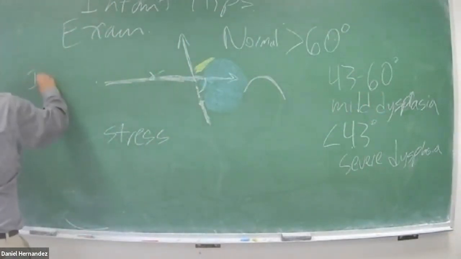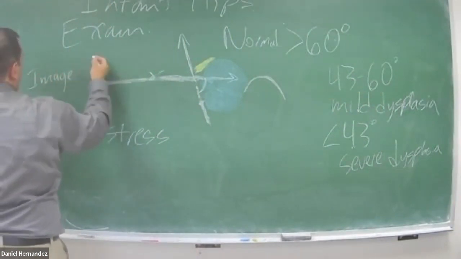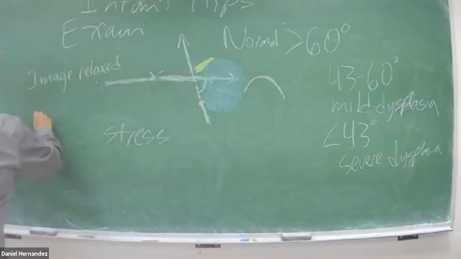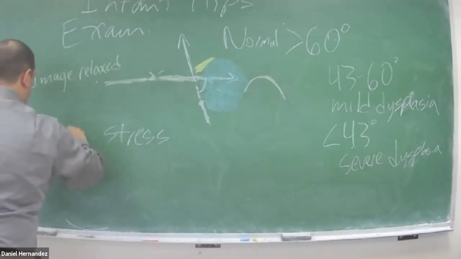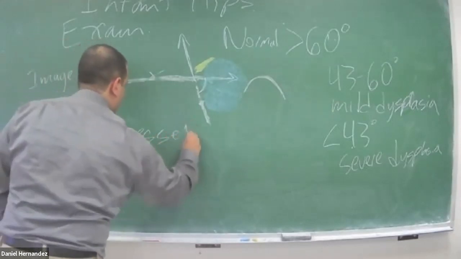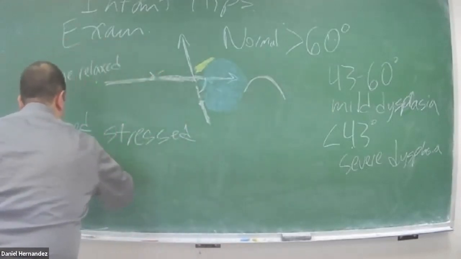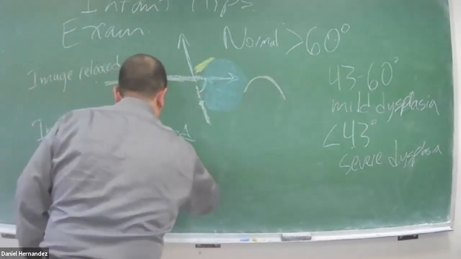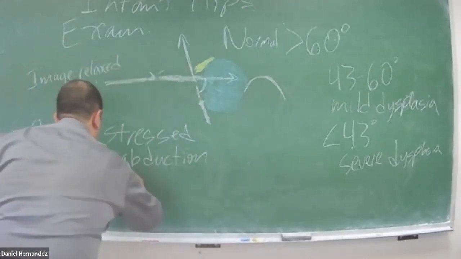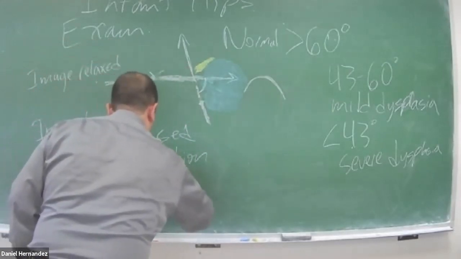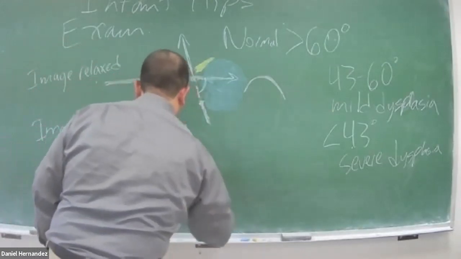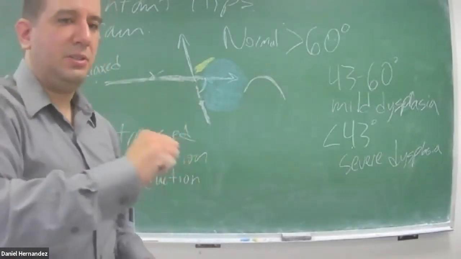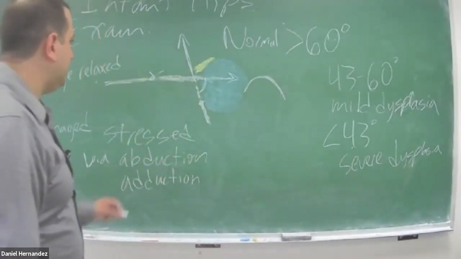So we'll image, relax, and we'll image stressed, abduction, adduction. So we're going to move that hip out. We're going to move that hip inward, applying gentle pressure to see if that changes our angle.